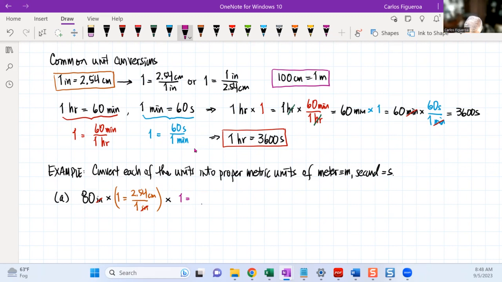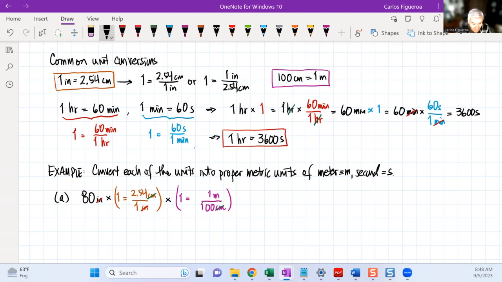So this should be 100 centimeters divided into 1 meter. So if I start to look at this thing, you could see here that this centimeter and that centimeter cancel out.